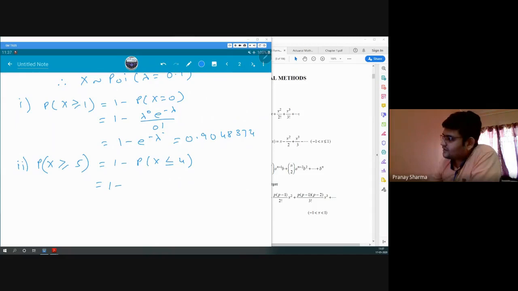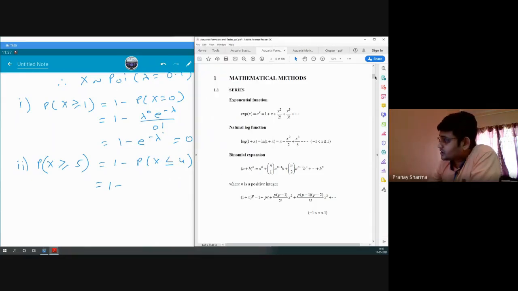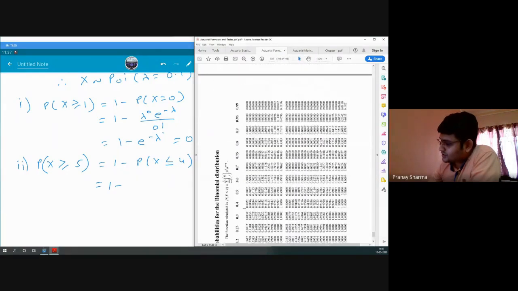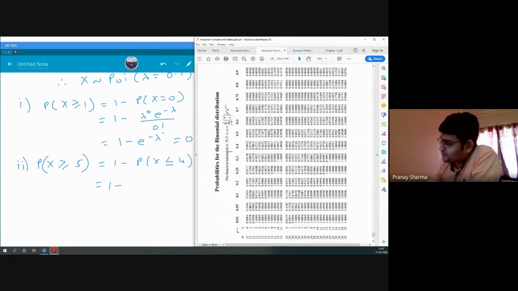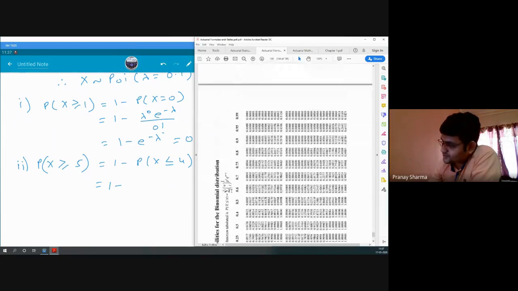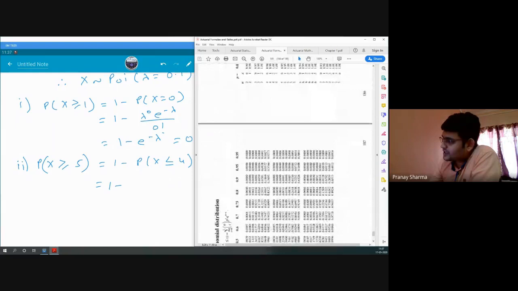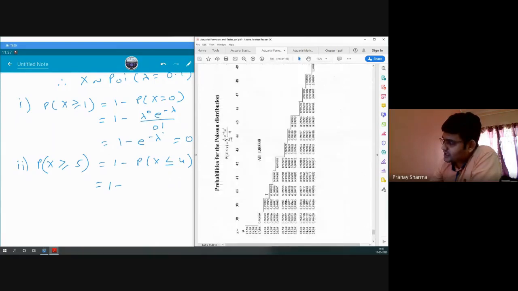Now in our table book, we had the binomial distribution table, and we also have Poisson distribution just before binomial. What I do is I go down, search my binomial, and then go up from binomial and find my Poisson distribution.